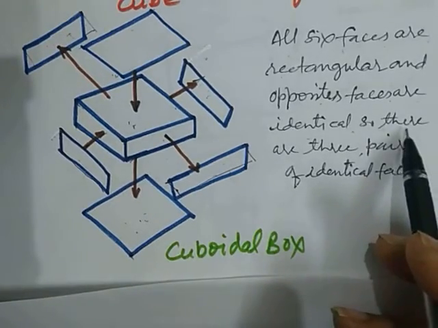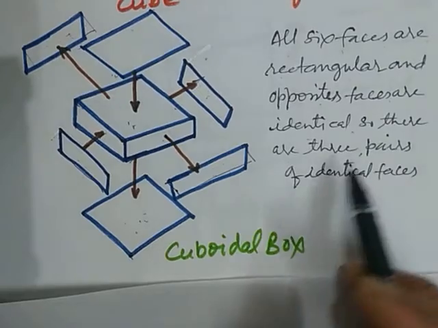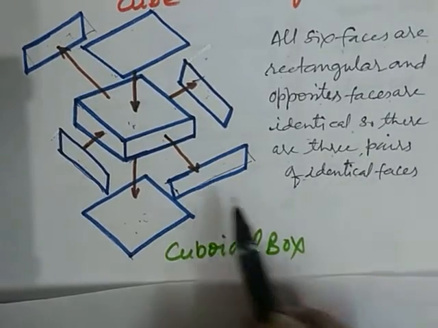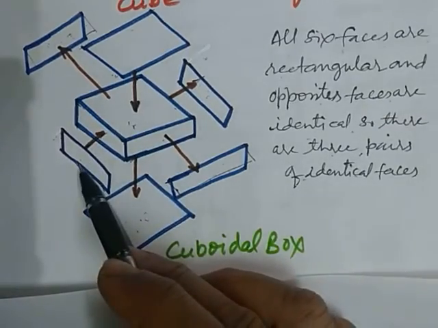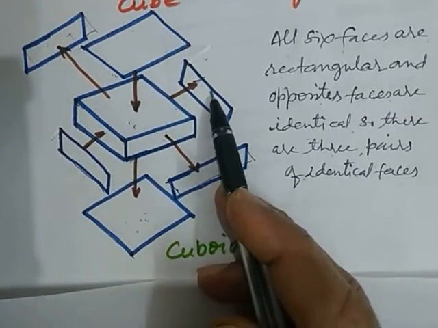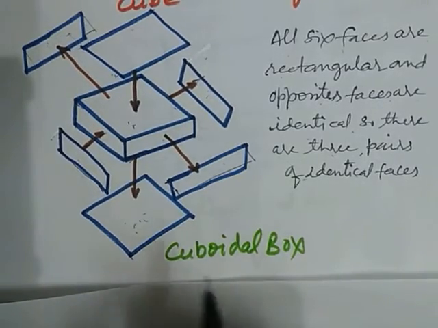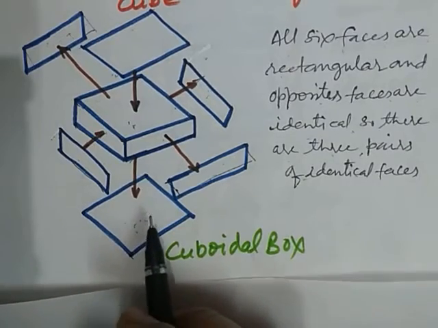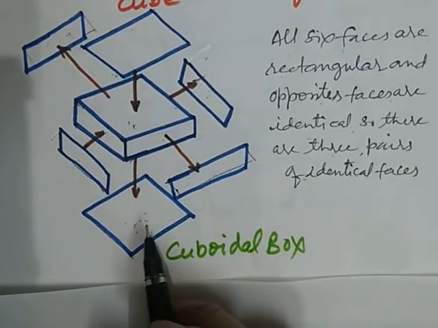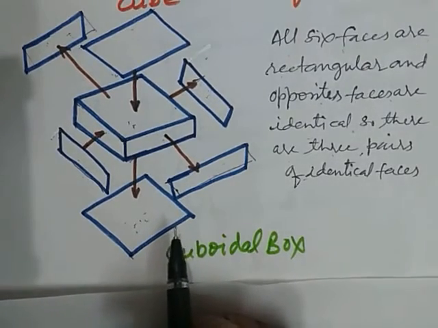So there are 3 pairs of identical faces. Both of these make the first pair, these make the second pair, and these make the third pair. So there are 3 identical pairs which form a three-dimensional solid shape. So remember this thing.